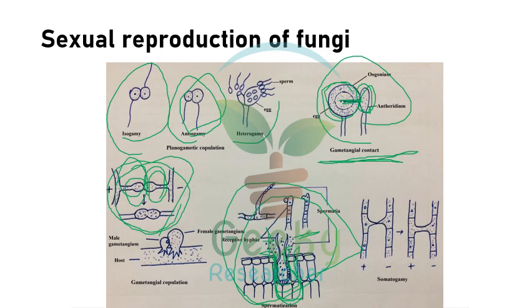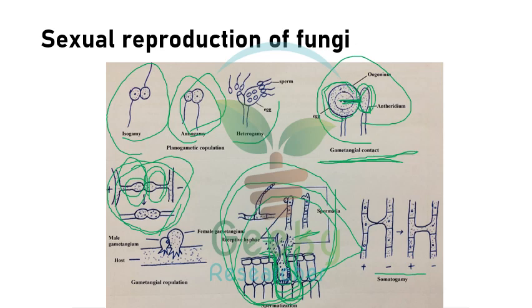Insects are involved in transmission, maybe wind and water also, where male and female, plus and minus, come in contact and spermatization actually takes place. For example, this kind we can mainly observe in Puccinia graminis tritici.